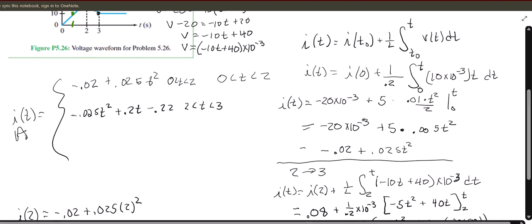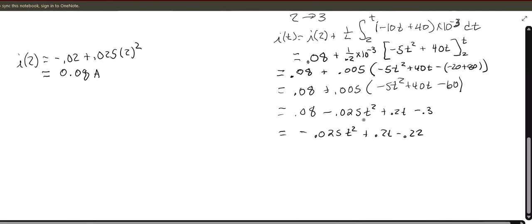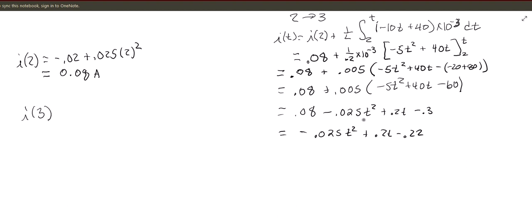Okay, so now we have for t greater than 3, and for t greater than 3, the first thing we have to find, just like we had to find I of 2 before, we have to find I of 3 here. So we have to plug 3 into this function that we just found, because this was our function from 2 up until 3, and it can't change instantaneously at 3.